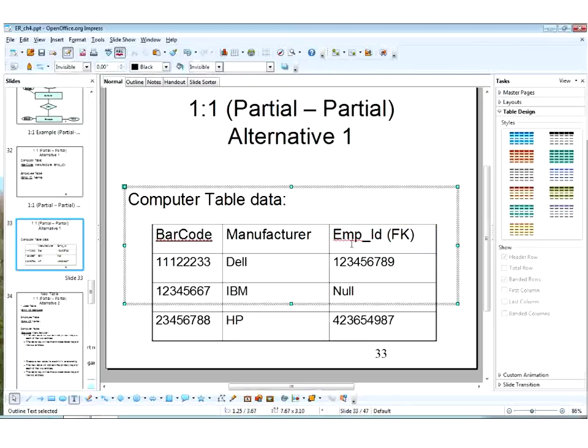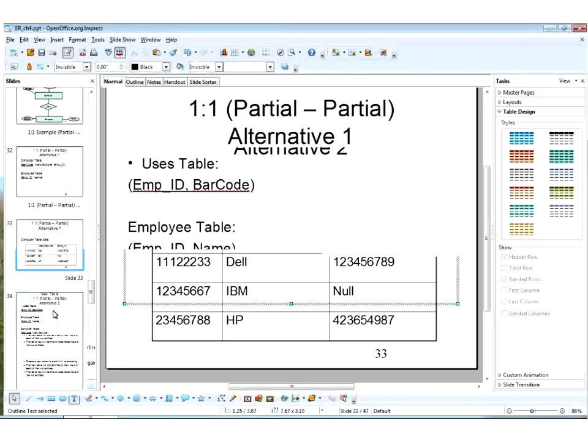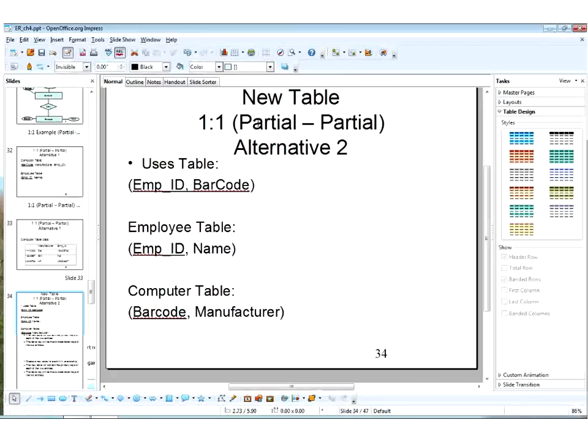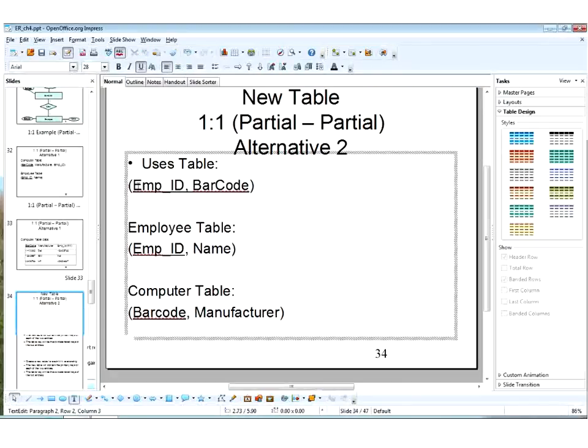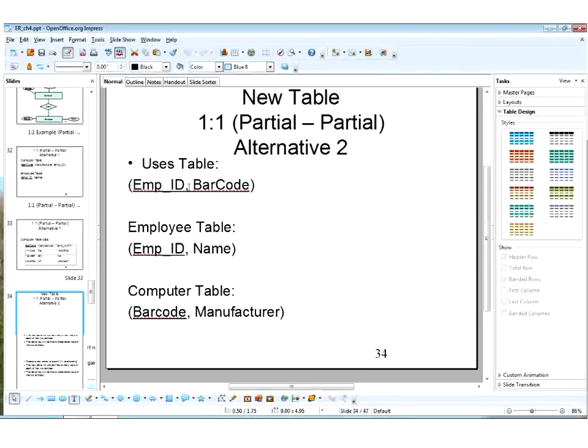All right, here it is just from another view. Or we can create a whole new table. This is much better. There we go. With the employee ID and the barcode right there, or an employee and the computer via the employee ID and the barcode, respectively. Okay, whole new table that relates these two.